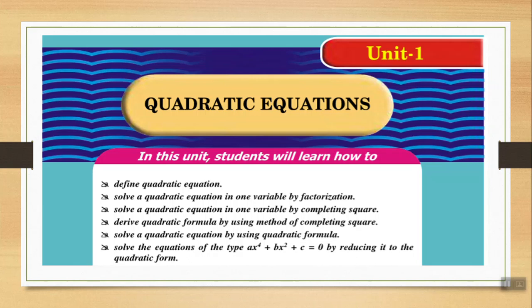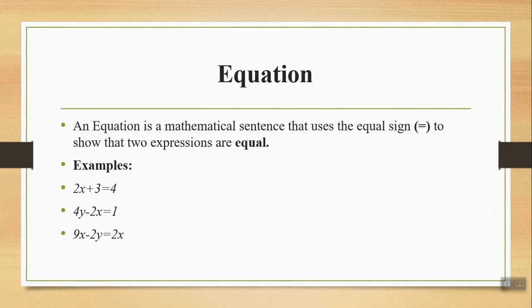Before going to discuss, let's have a look at the concept of equation and its types. An equation is a mathematical sentence that uses the equal sign to show that two expressions are equal.